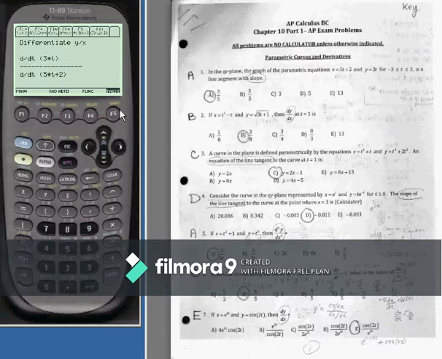When you're finding the slope, you're dividing the y value by the x value. So here's what y was, and here's what x was, and we're going to differentiate it with respect to t. And when we do that, we get 3/5.